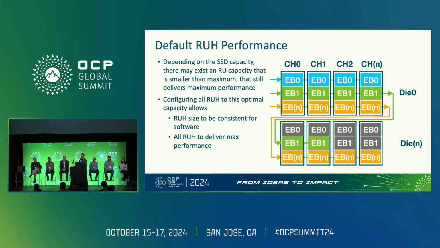Instead, we could consider a reclaim unit size that is smaller than a super block, but still provides full performance on a single reclaim unit handle basis, thus driving down complexity, but still being able to realize the potential value of that smaller reclaim configuration.